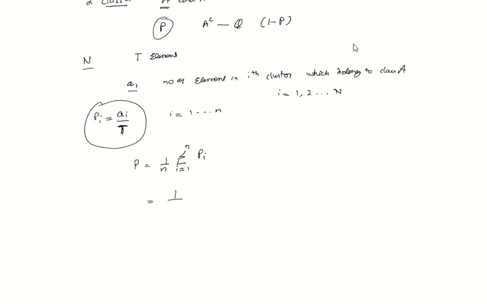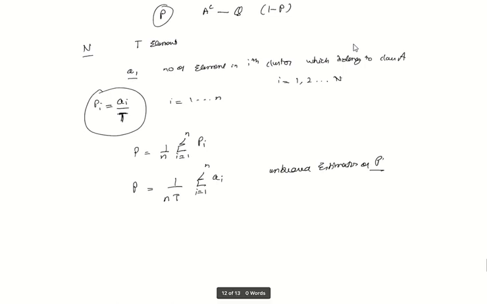Because pi is ai by T, this is just 1 upon nT summation i equal to 1 to n of ai, and this small p is an unbiased estimator of the population P.